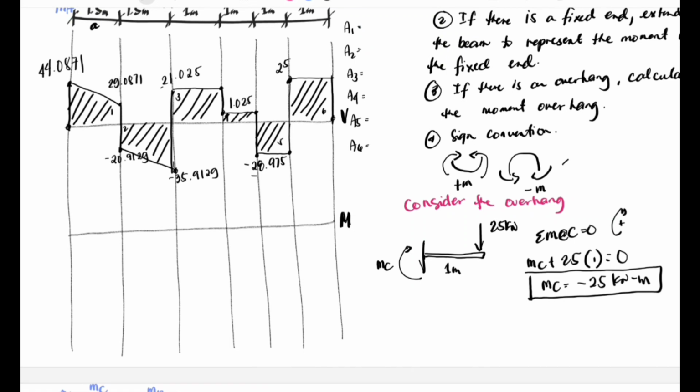Sa pagkuha lang naman ng trapezoid, ang kukunin nyo lang is ganito, we have 44.0871 plus 29.0871 divided by 2, and then i-times mo lang yung distance niya, which is 1.5. That is your area. So, we have 54.88065. Okay?